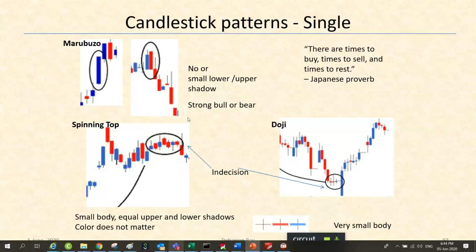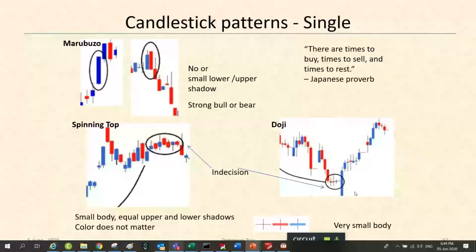And then similarly, you can see that if it is a very, very small body with equal upper and lower shadows, and the color does not matter, in that case also it is an indecision, and the direction is going to change. So let me summarize. This is a single pattern of a candlestick.